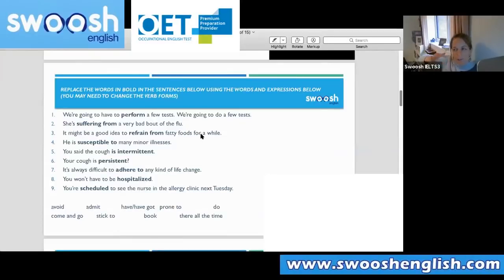So you need to reduce your smoking, for example. What phrasal verb could we use then? Cut down on. So cut down on smoking. Cut down on is reduce. Cut out is remove.